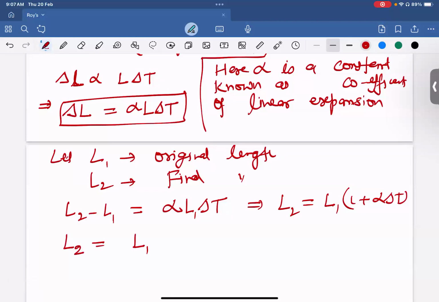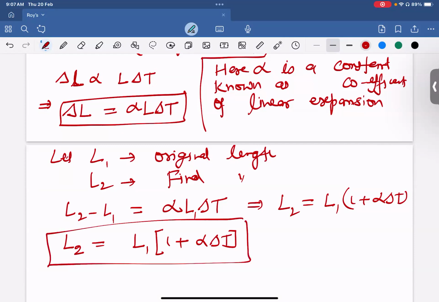L1 should be multiplied with 1 plus alpha times delta T. In other words, if you want to find alpha, that also you can find from this. It is change in length L2 minus L1 divided by initial length L1 into delta T. Do you understand, Neil? Yes, sir. I understand. Yeah, it is right. Okay.